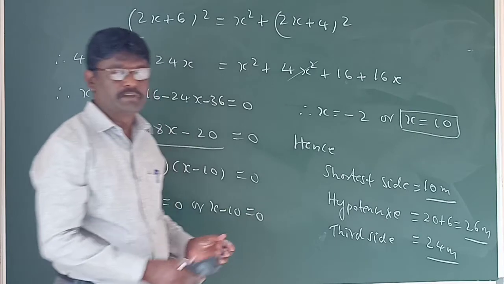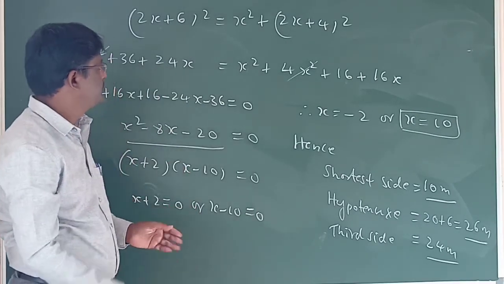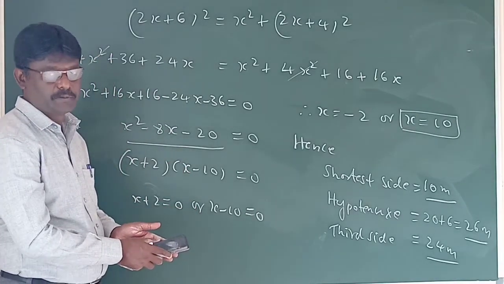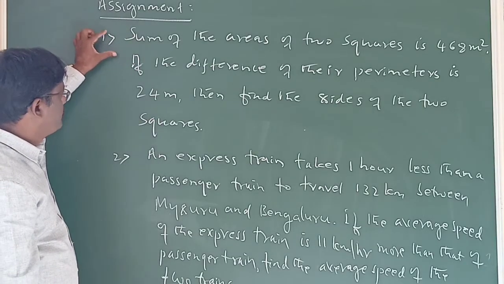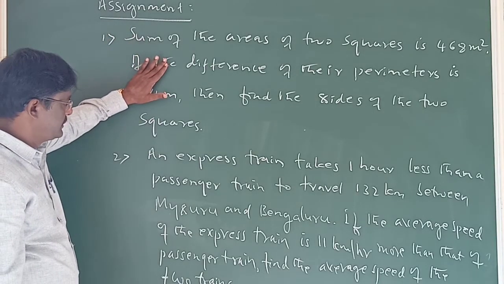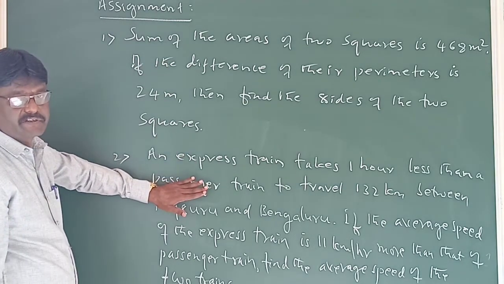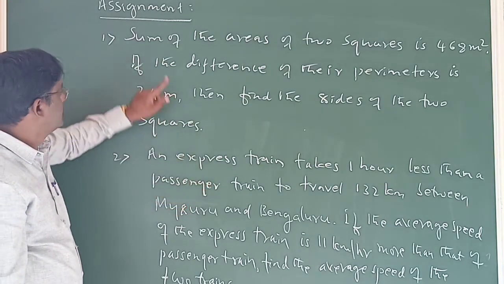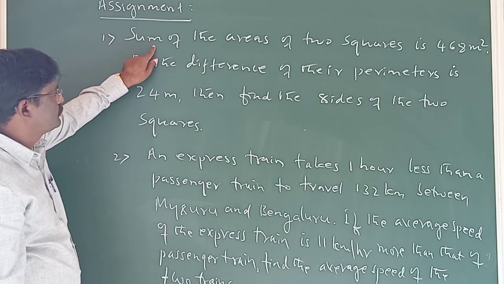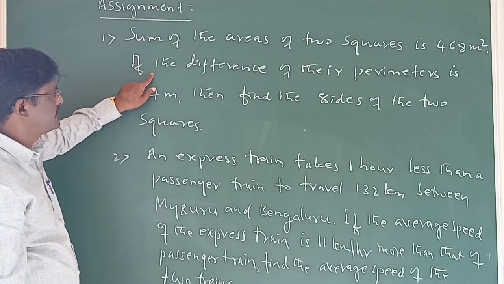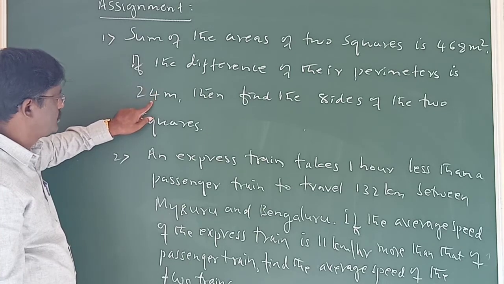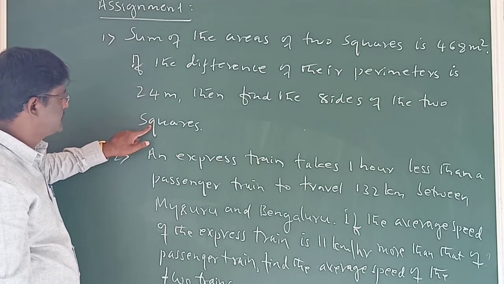Now, I will give you just 2 simple assignment problems, one based on geometry, the other on distance, time and speed. Sum of the areas of two squares is 468 meters square. If the difference of their perimeters is 24 meter, then find the sides of the two squares.